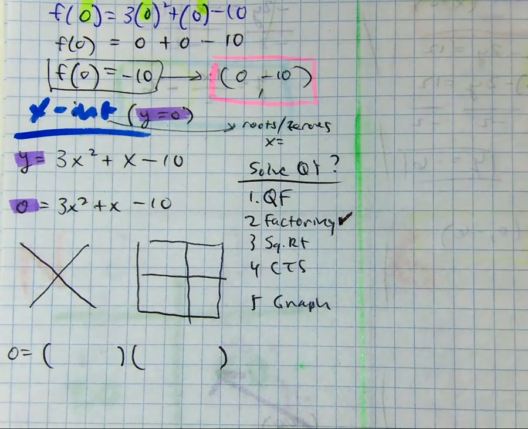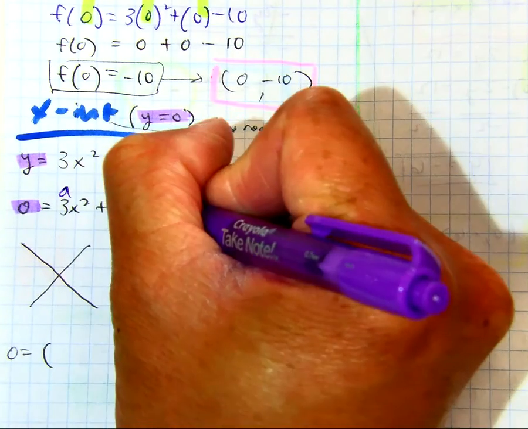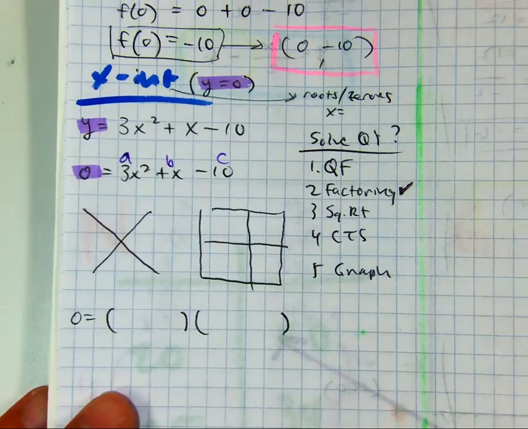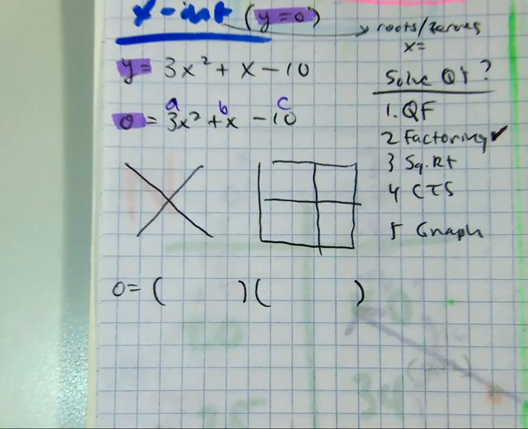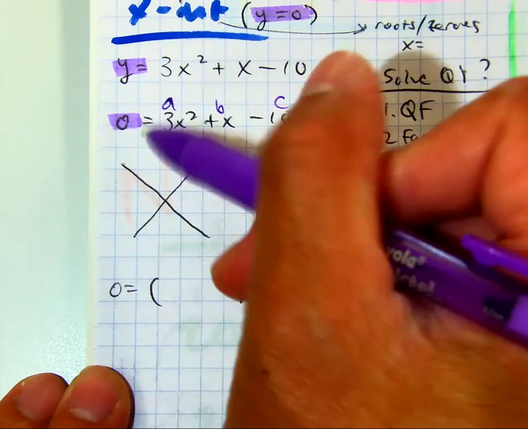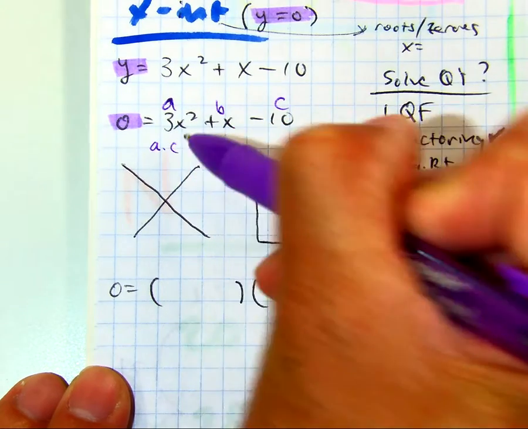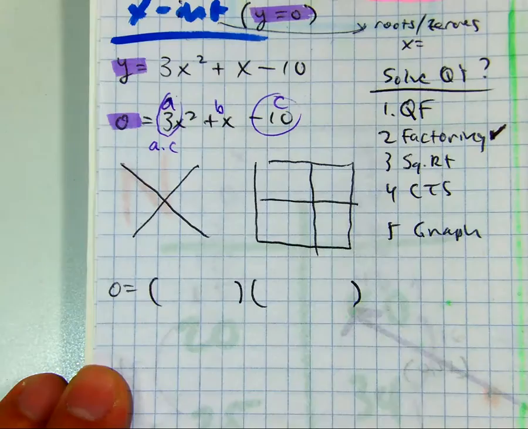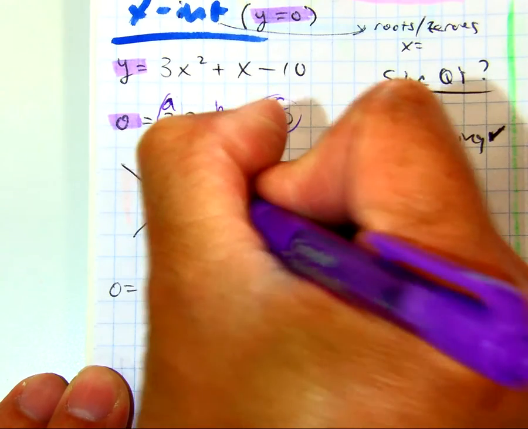This is my A value. This is my B value. This is my C value. In Xbox factoring, so don't tell your next math teacher I do Xbox factoring. No, you're doing factoring. This is just a strategy. A times C. Class, what is 3 times negative 10? And what is your B value?